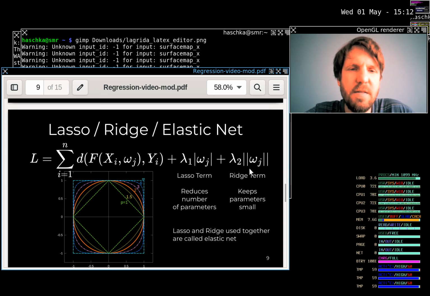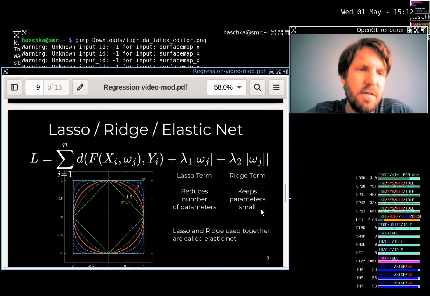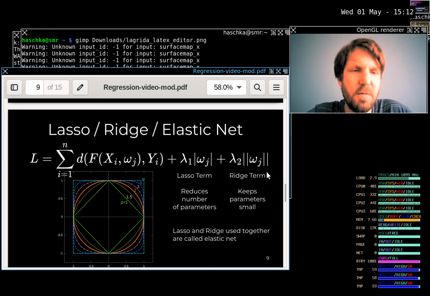Here, in this case, we take each component of the omega vector squared, so omega 0 to omega n squared, sum them all up, take the root of the sum, and multiply the whole thing by lambda 2, and we have the ridge term. Okay, so fine, so good. That is the L2 norm of the vector.